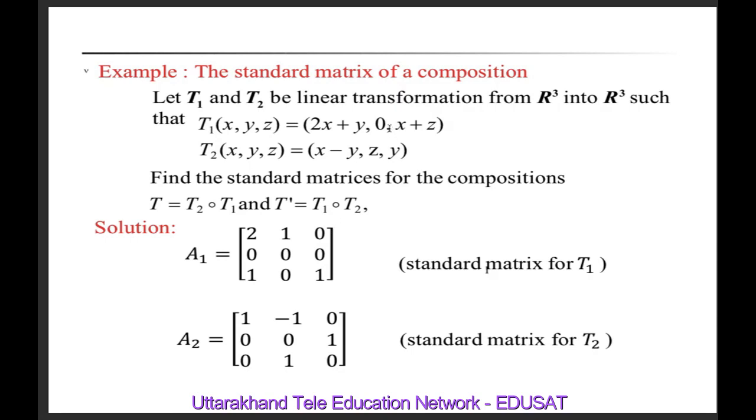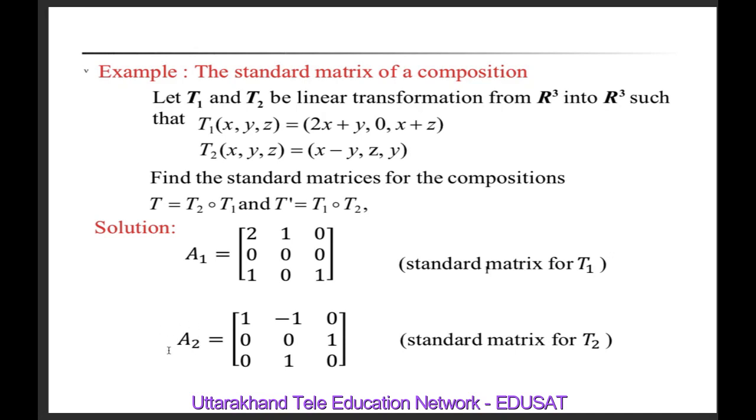For the second vector, all coefficients are 0. So the second row is 0, 0, 0. In the third vector, the coefficient of x is 1, y is 0, z is 1. So the third row is 1, 0, 1. Therefore the standard matrix for T1 is 2, 1, 0; 0, 0, 0; 1, 0, 1.